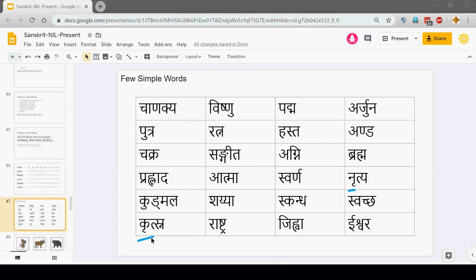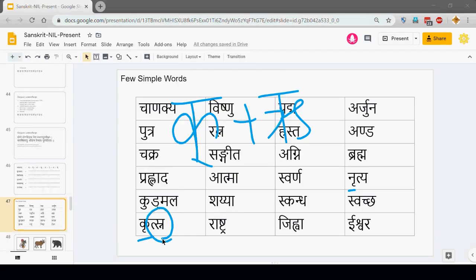This is a kru. After ka we have a vowel ru, kru, and then going from left to right, top to bottom, both are there in this combination. So the first, leftmost one, write it separately like this.